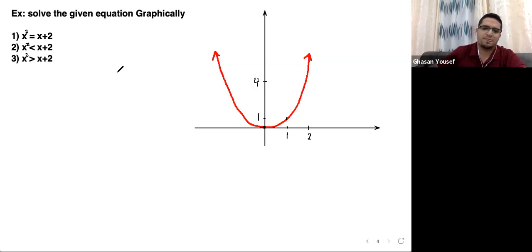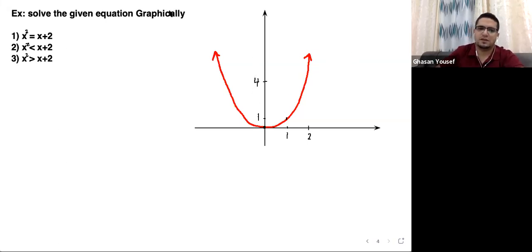And the same thing for the second function, x plus 2. It has a y-intercept at 2, so it's a linear function. The line will be something like this.